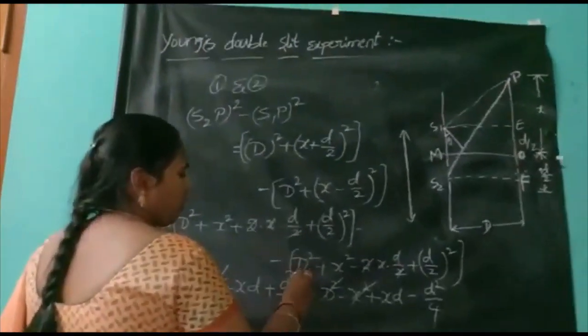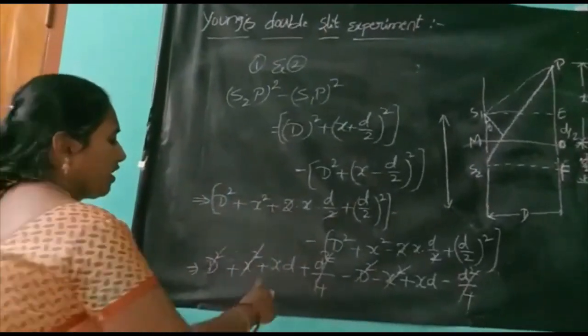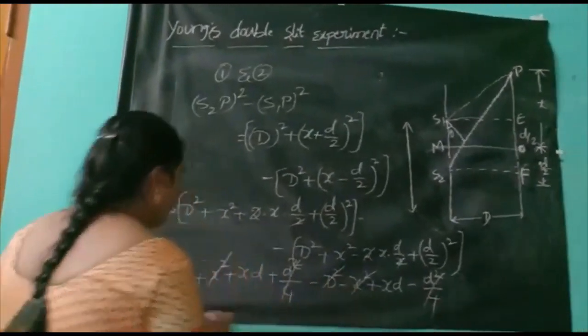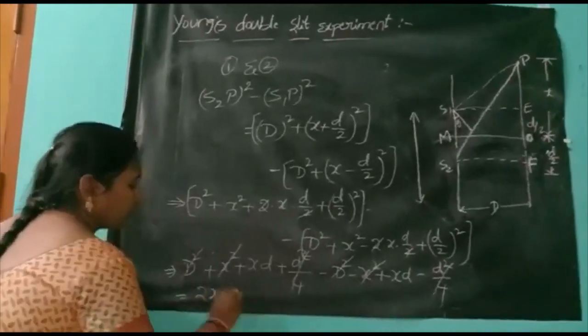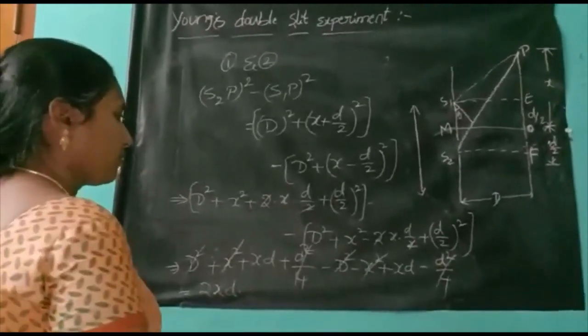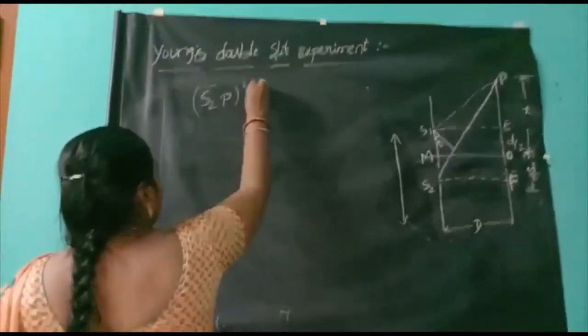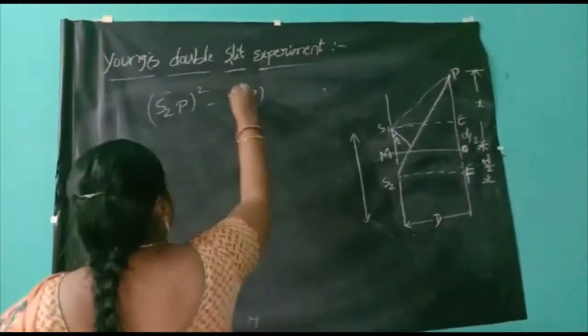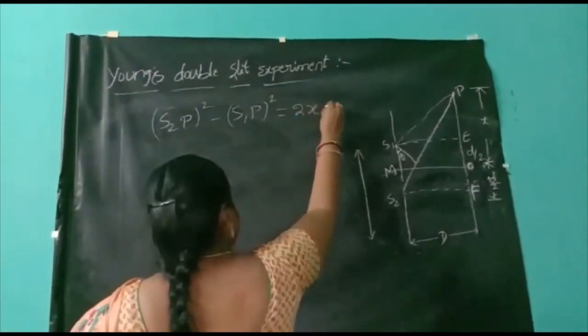The d square by 4 minus d square by 4 terms will be cancelled. Here xd plus xd is 2xd. So S2P whole square minus S1P whole square is equal to 2xd.